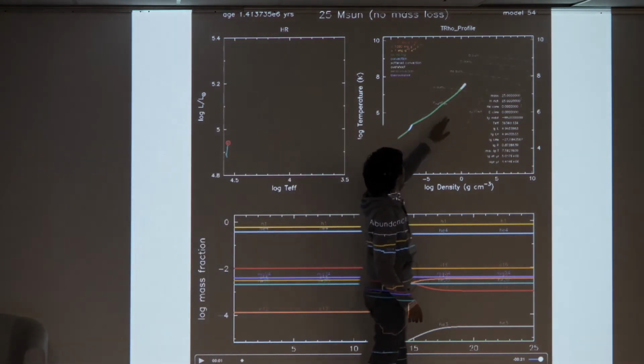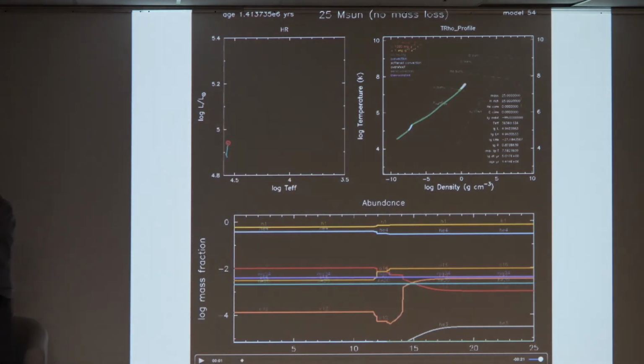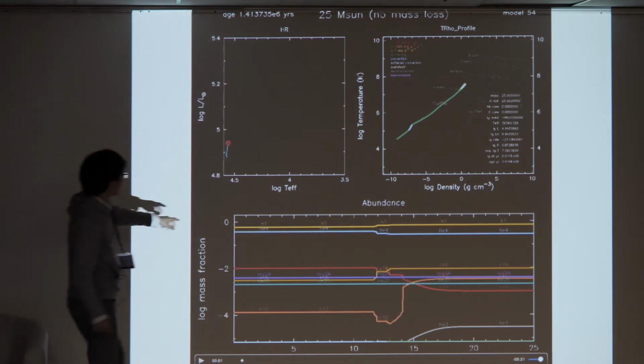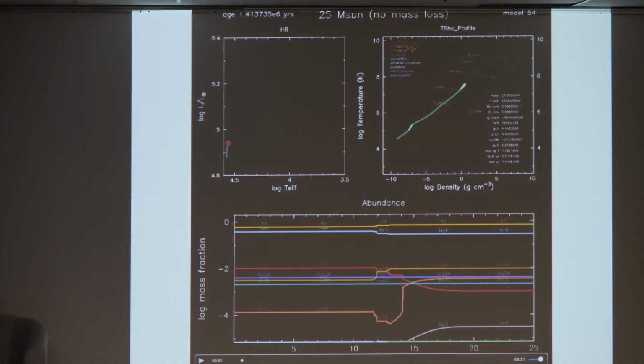So it's the center, the hydrogen is burning, and it stays there. The center region stays there for a while. And this is the fraction of hydrogen, and it continues to go down.